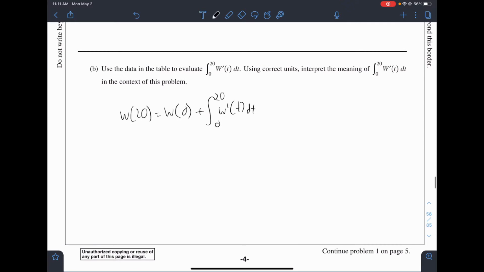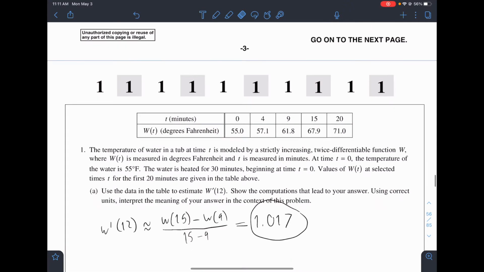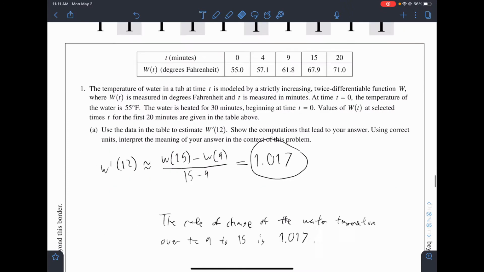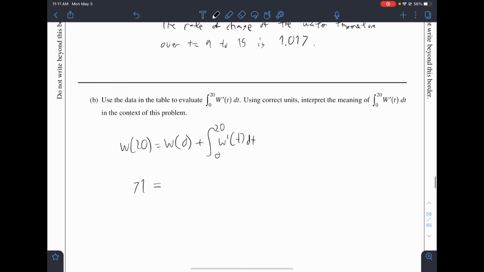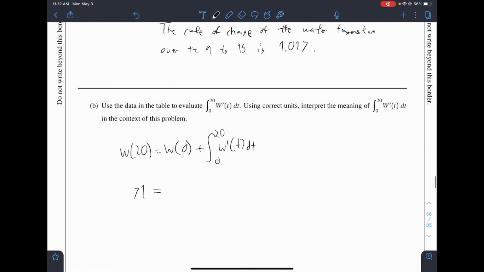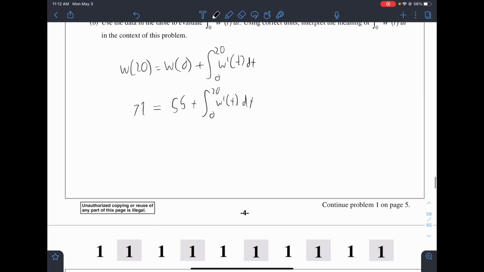So now we can solve for the change because we know W of 20 is 71, and we know W of 0 is 55 from the table. So we can write all this down, and now we can solve for the integral. The integral from 0 to 20 of W prime of T dt is 16 degrees Fahrenheit.